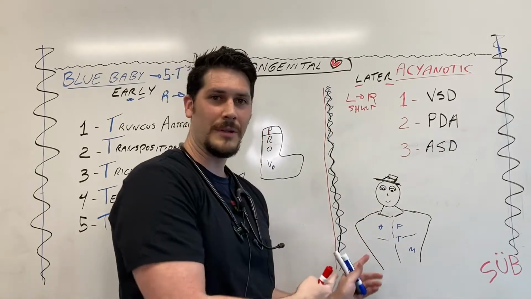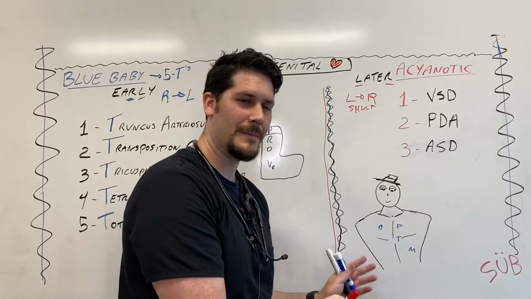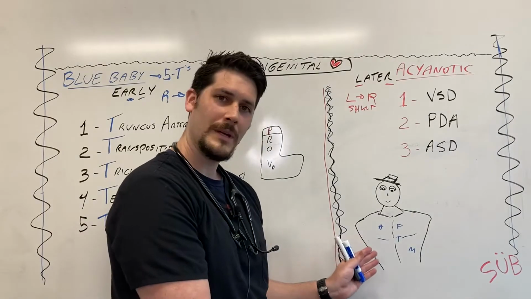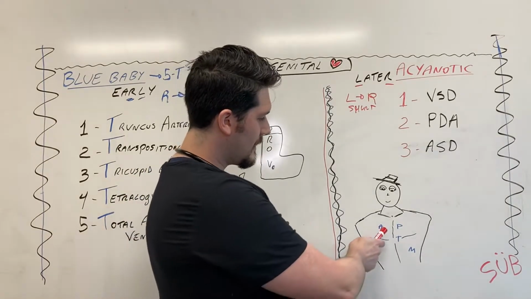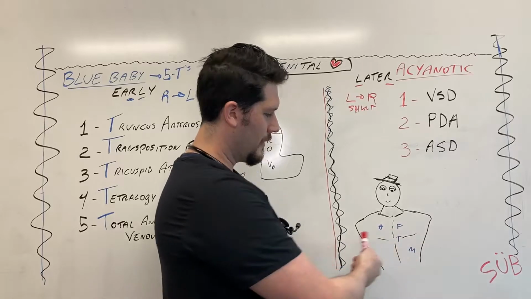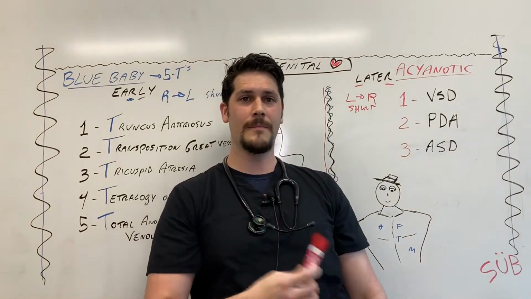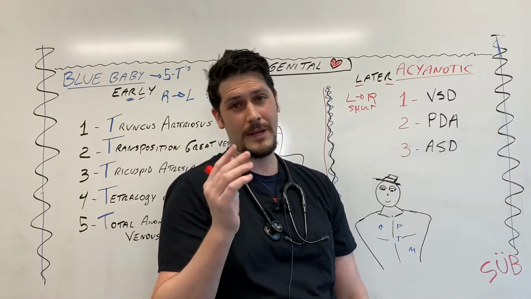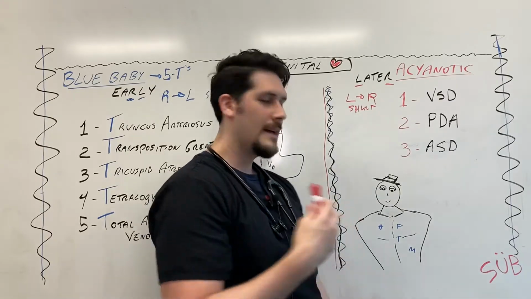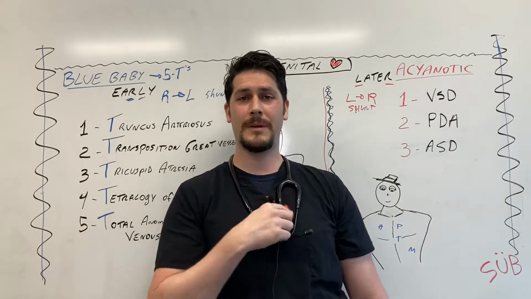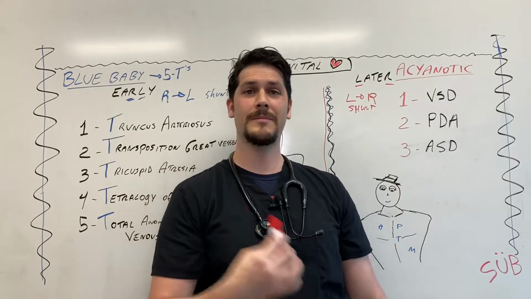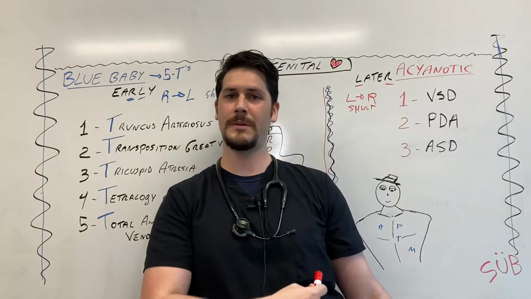So I drew a little guy here to the best of my abilities. And this is where you would auscultate the heart. APTM. In Spanish, if you happen to speak Spanish, apretame. Aortic, pulmonic, tricuspid, mitral.